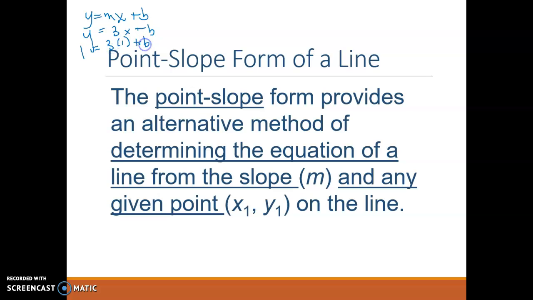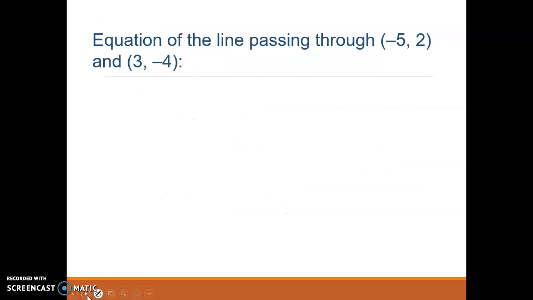Once we knew what b was, we went back and plugged in that information to put our whole formula in slope-intercept form. Point-slope form is just another way to find that same information, just a little bit different because you don't have to solve for b. You don't have to take that step here. So this is what it looks like in point-slope form.